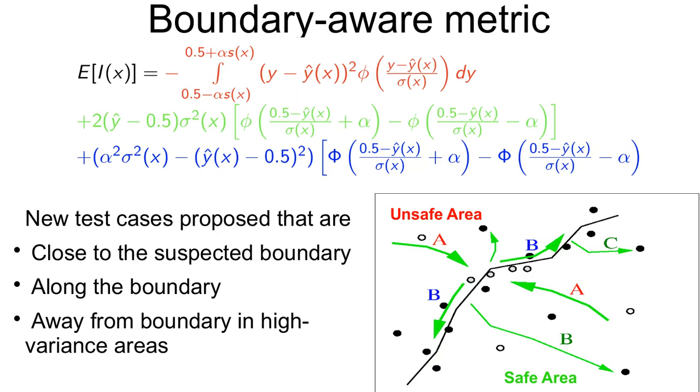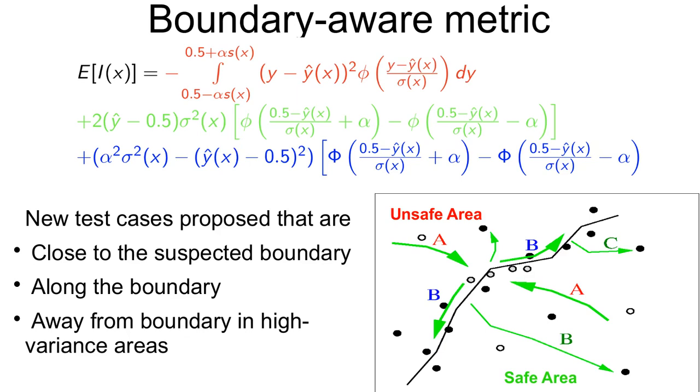This boundary-aware metric proposes new test cases that are close to the suspected boundary, because we want to characterize the boundary, so we want to have as many test cases close to the boundary, not just in one point, but along the whole boundary.